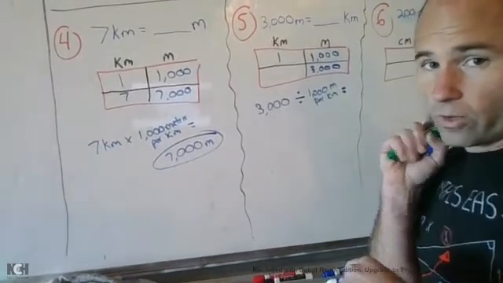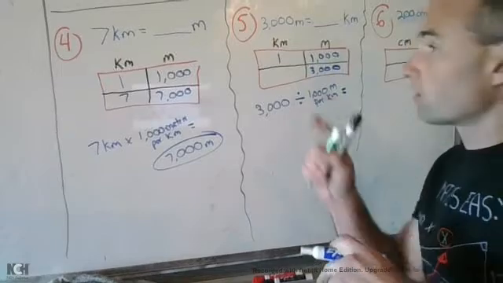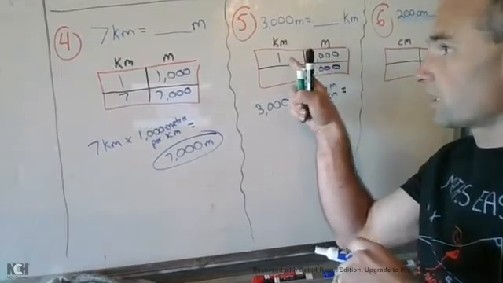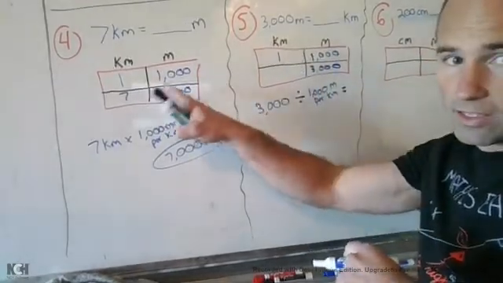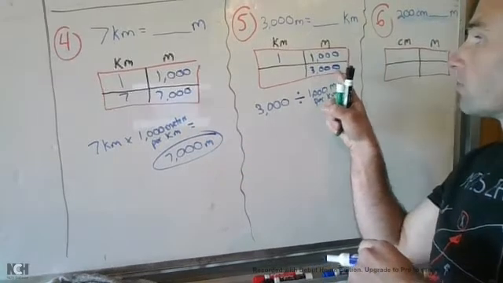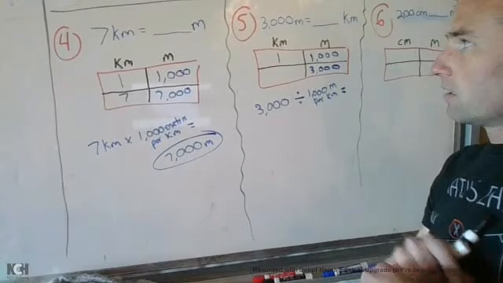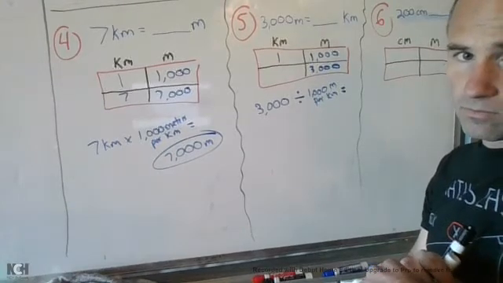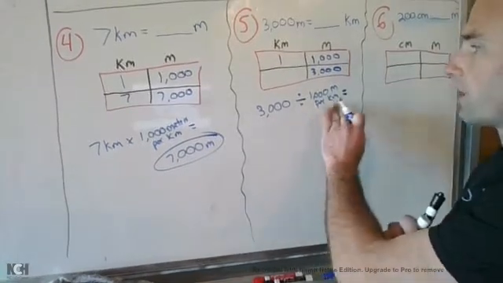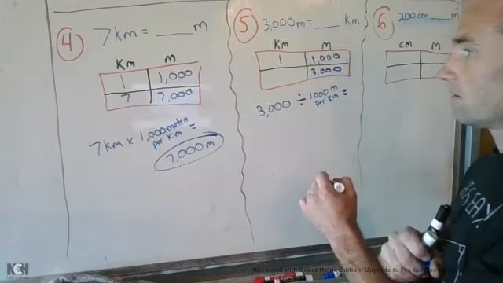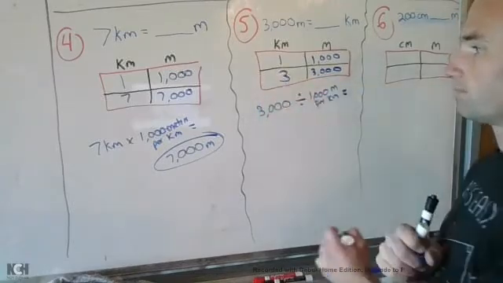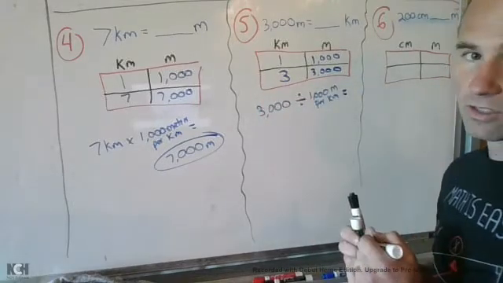Okay, so we should know, according to our chart, 1,000 meters is 1 kilometer. We saw that in the last problem. So 3,000 meters is going to equal how many kilometers? 3,000 divided by 1,000 would make 3. There's your answer.